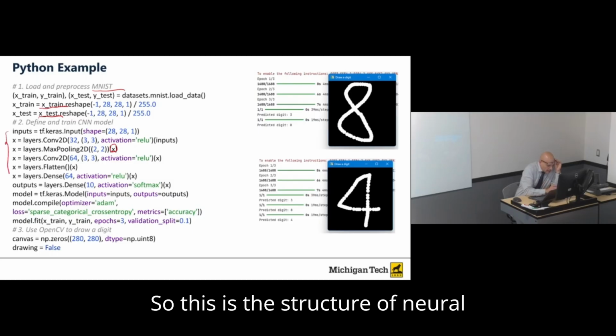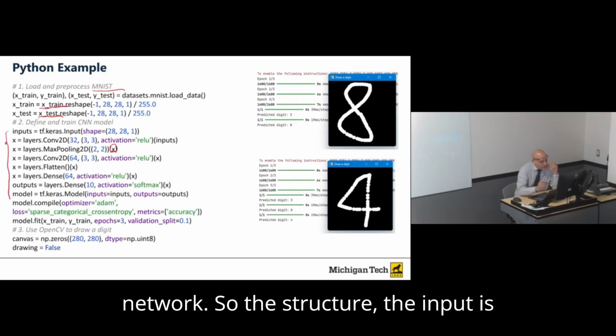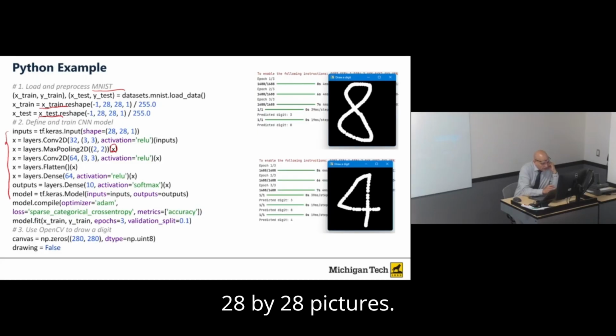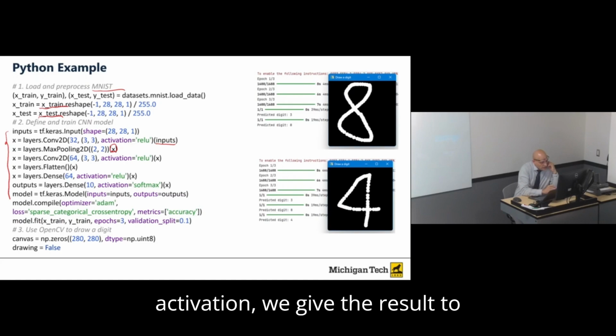So this is the structure of the neural network. The input is 28 by 28 pictures. We give this input to the first layer, which is convolution, 32 3 by 3 kernels, ReLU activation.